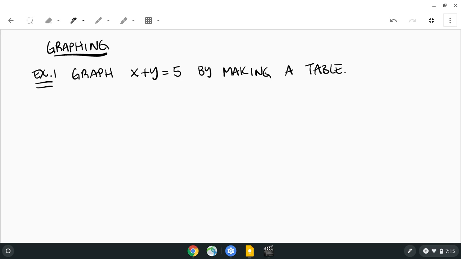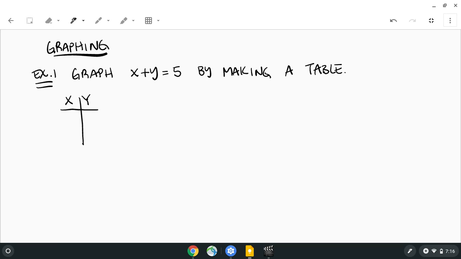Okay, so hopefully you've done this before where you make a table. And this table here is really a set of solutions to that equation, a set of points that satisfy that equation. And we can probably think of a bunch of points off the top of our heads without doing any work.